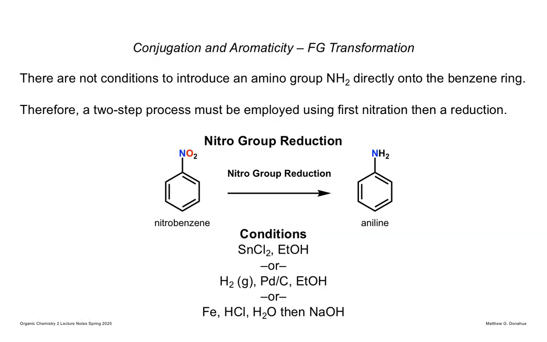So nitration is how you get nitrogen on. We said it's an electron withdrawing group, so it directs meta. Since it's oxidized, we can reduce it. When we reduce it, it becomes the amine group, and that's called an aniline. So this is electron donating, and now that's an ortho-para director.